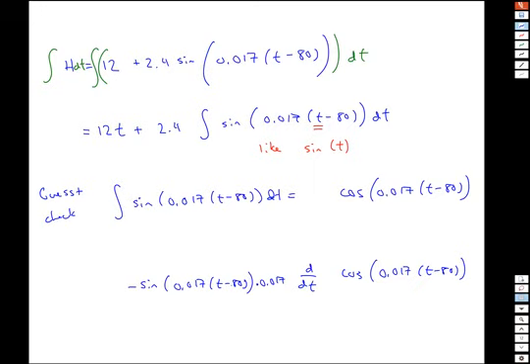And that would be it. That would be the entire derivative of the inside. So going this way, the derivative of what we started with gives me negative sine of blah, blah, times 0.017. And if I look for the pieces that are extra that I don't want, it's the negative and that constant. And so all we do is we tweak our answer.